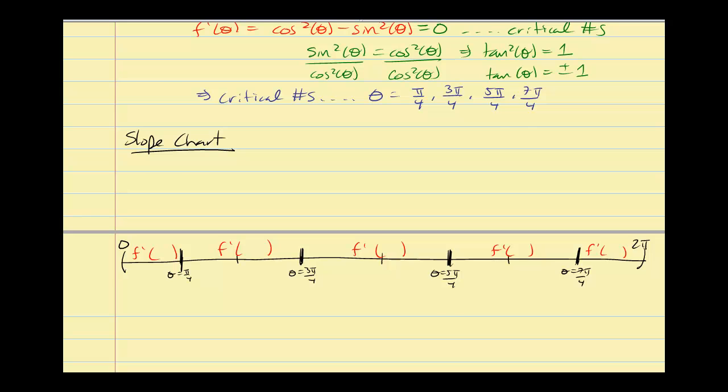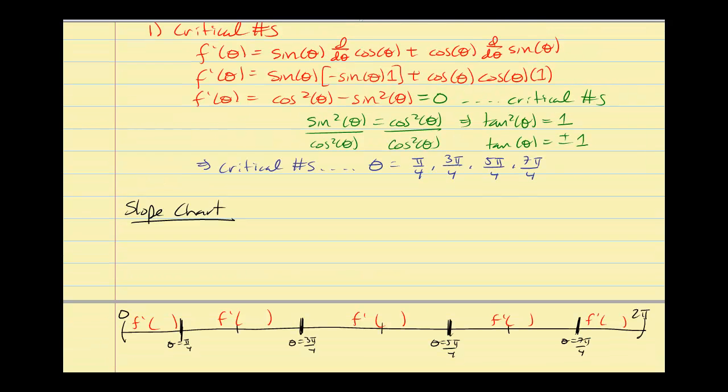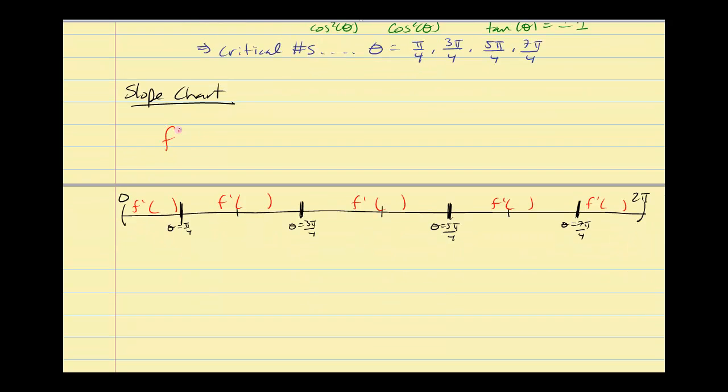Okay, well, let's go ahead and jump up here and have a look at our first derivative. Our first derivative was cosine squared minus sine squared. So let's keep that in mind. For 0 to pi over 4, I think our only standard angle we could plug in is pi over 6.